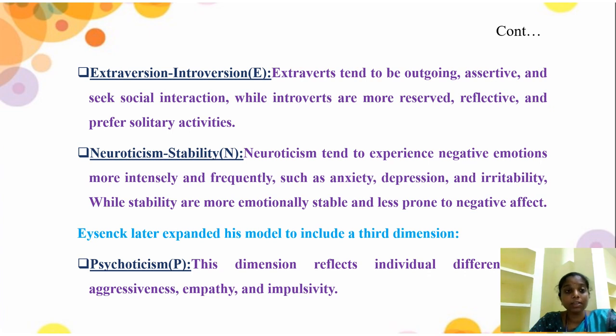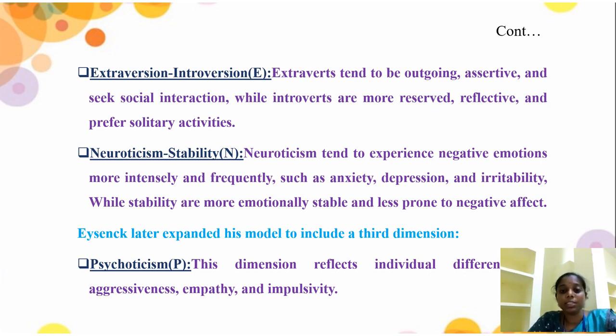Let me explain one by one. First, extroversion and introversion. Extroverts are generally more active, outgoing, and assertive, and they seek social attention. The introverts are more reserved and prefer solitary activities. Next, neuroticism and stability.